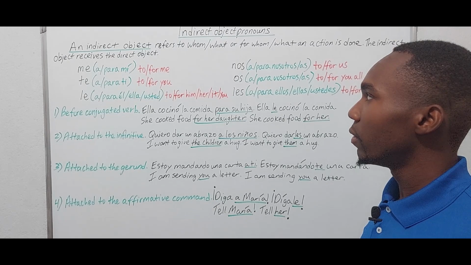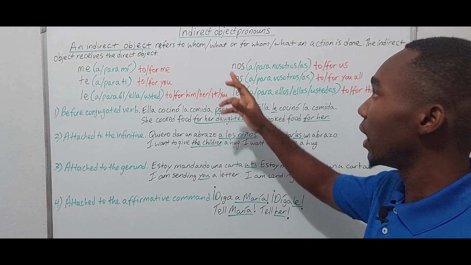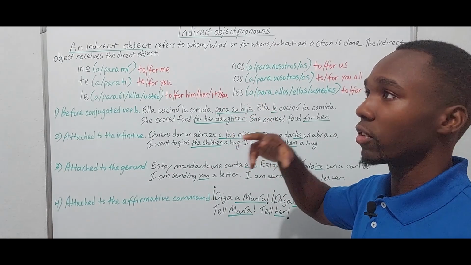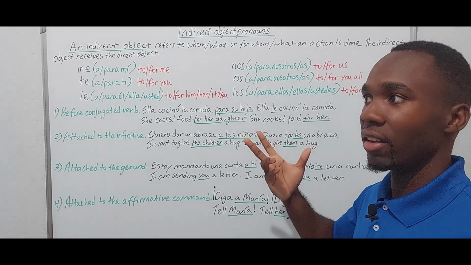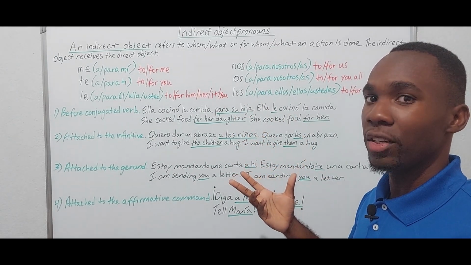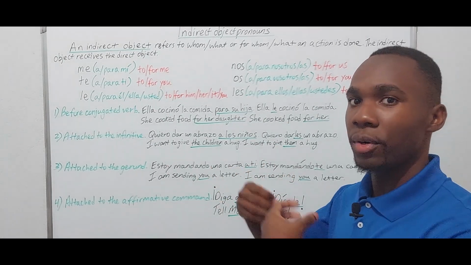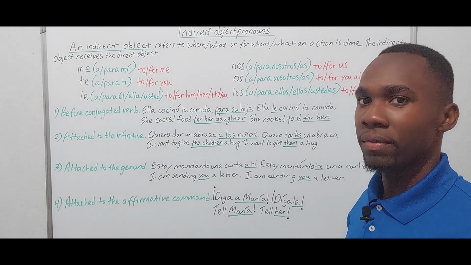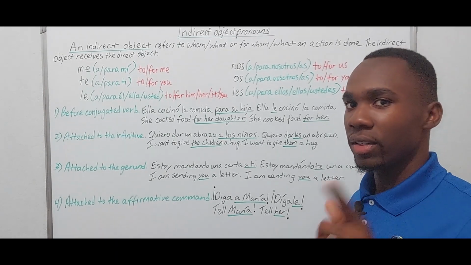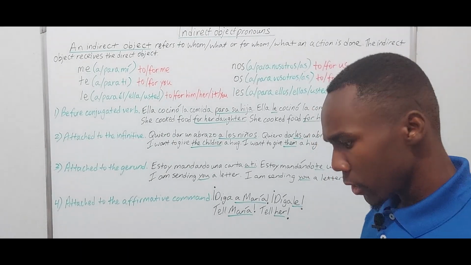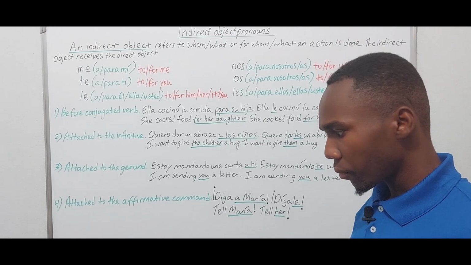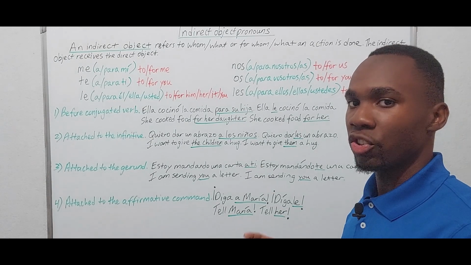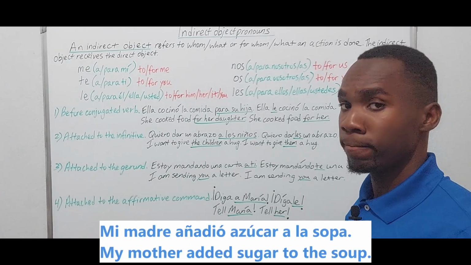And in the definition, I would have said what, to what or for what. So lots of people may say the indirect object seems to only apply to a person, so only a person can be the indirect object. No. Let me show you this example. Mi madre añadió azúcar a la sopa.